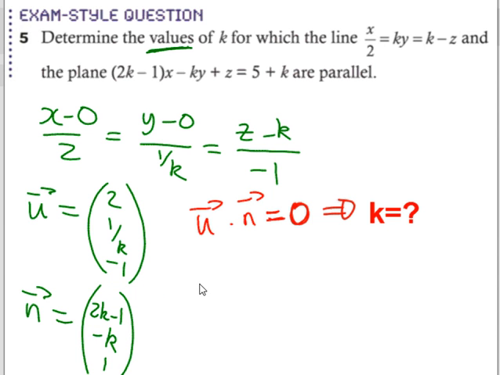Now, one thing you have to remember is that written like this, k is not allowed to be 0. So to make it more universal, we could take this as 2k, 1, and minus k in order to allow for the possibility that k is 0.